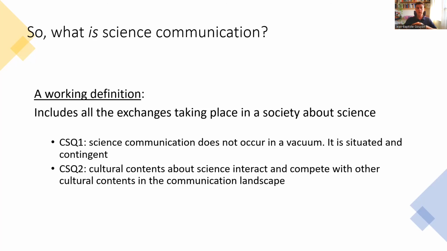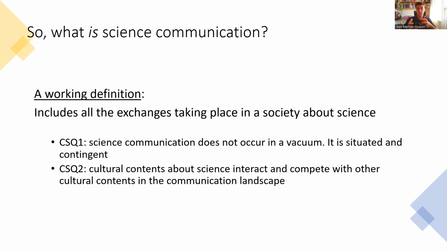The other consequence is that the cultural contents about science, which are produced for the purpose of communicating science, have to compete with the other cultural contents which exist in society, which can be seen in that instance as what some scholars have called a communication landscape.